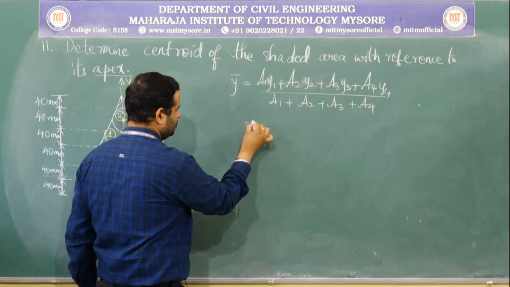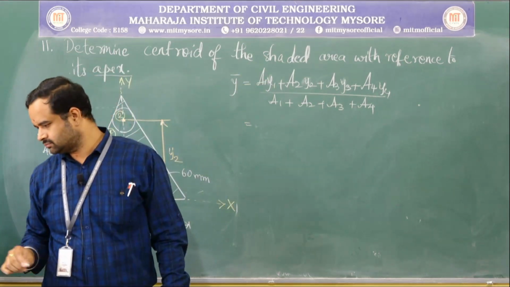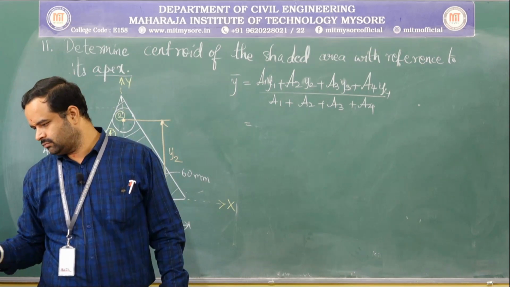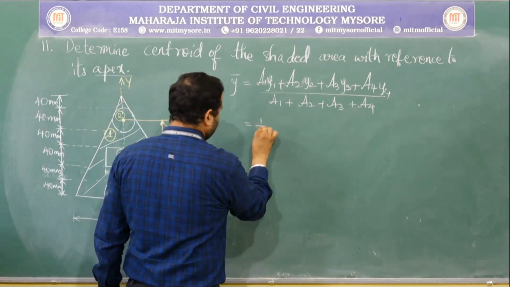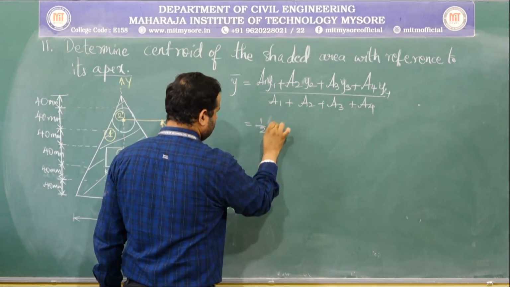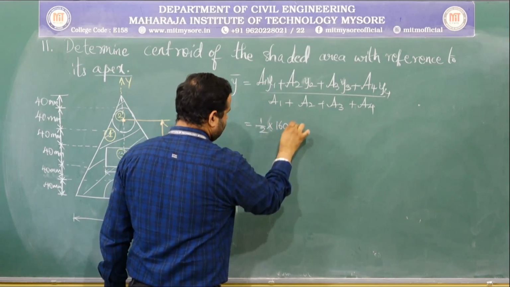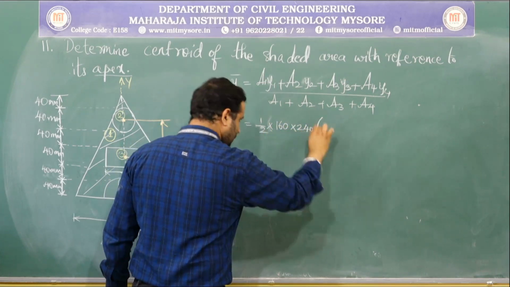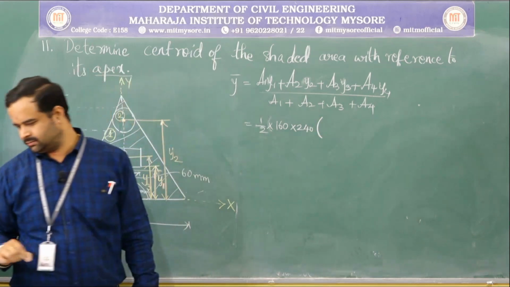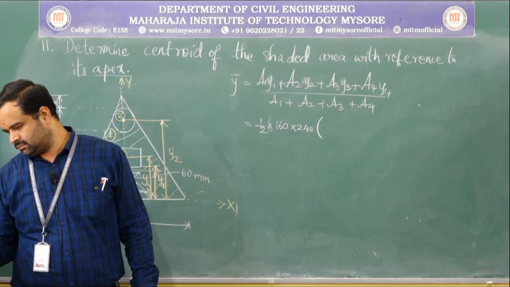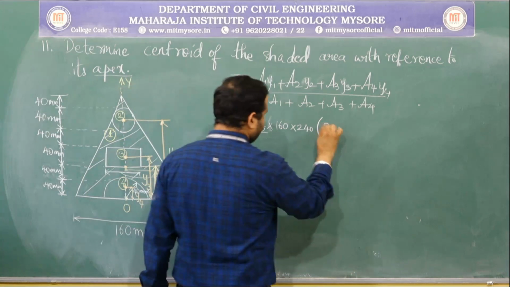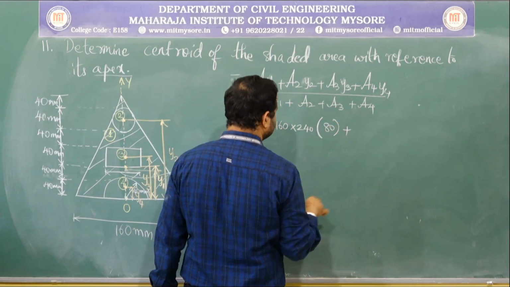Let us substitute. A1 is equal to half into 160 into 240 into its Y1, 80, plus A2.